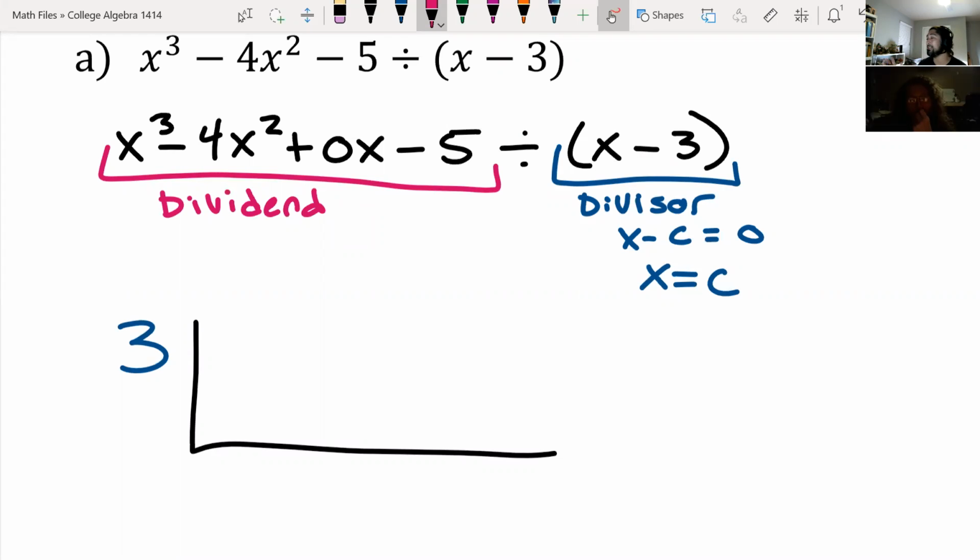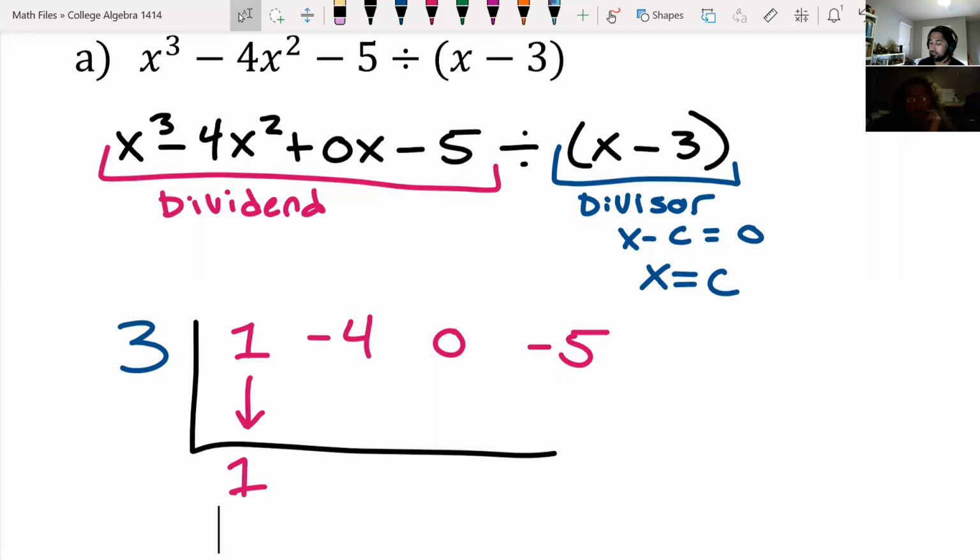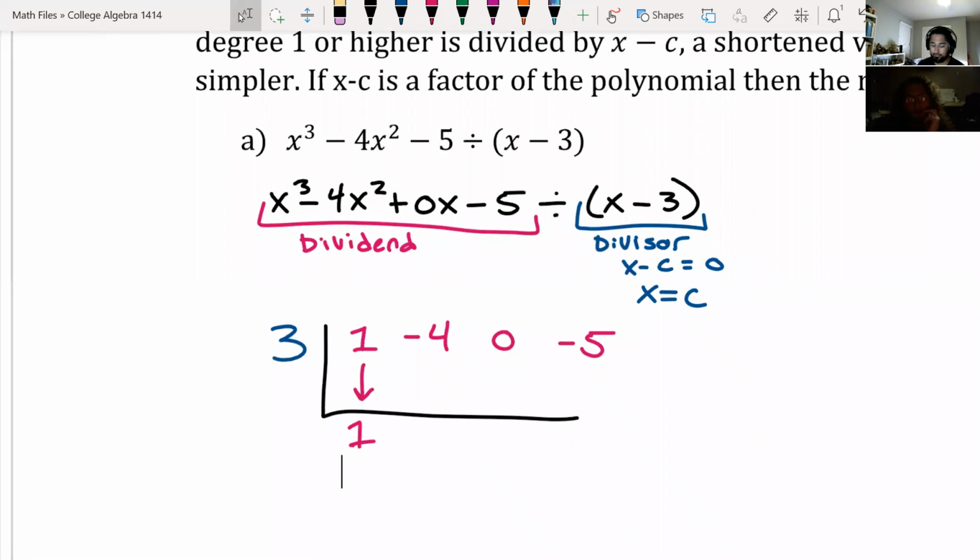You only put the coefficients. So for x cubed, the coefficient is 1. And then -4, 0, -5. Okay, so there's our setup. And for synthetic division, the first number always comes down. Any questions so far?